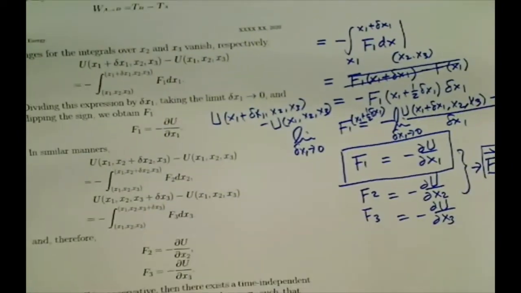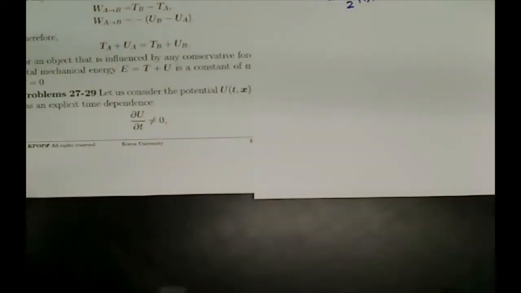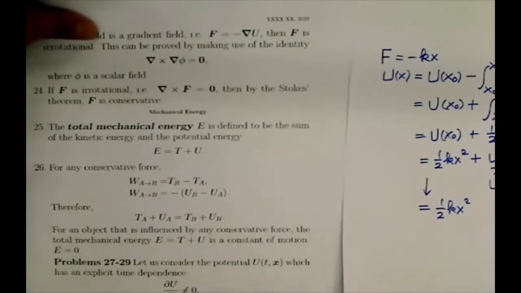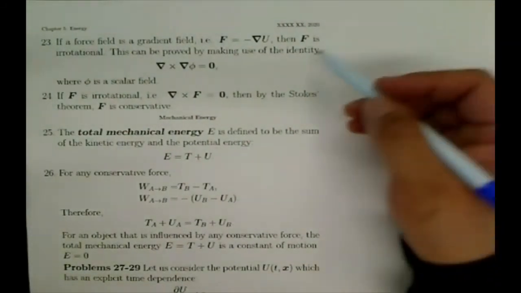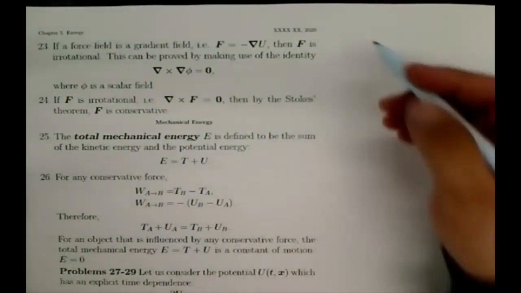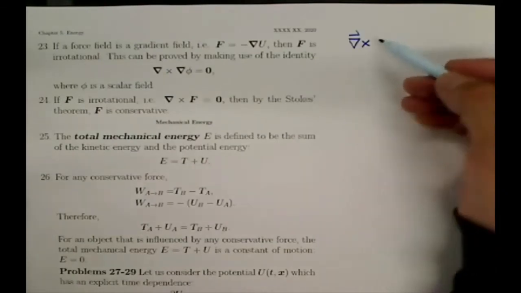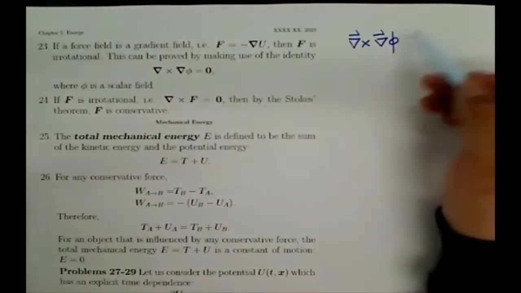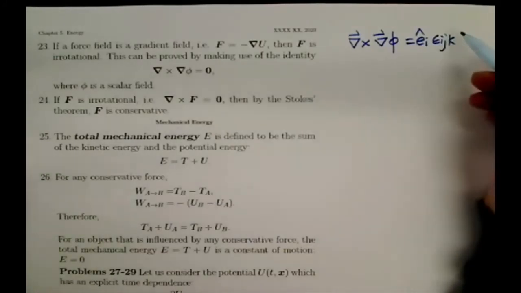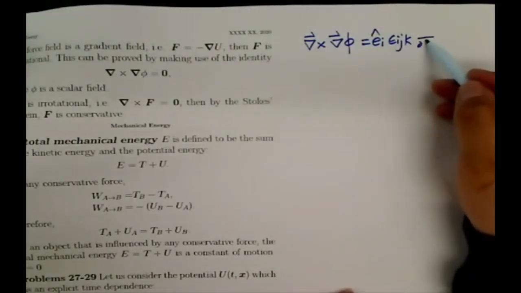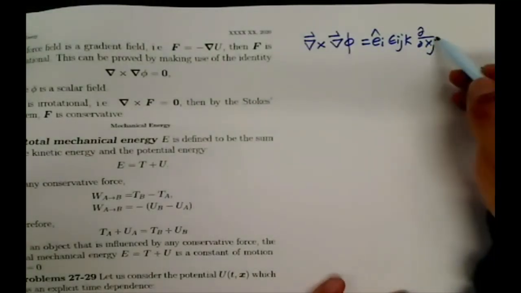Alright. Let us return to this problem. The curl of the gradient of phi equals e_i hat epsilon ijk, derivative j and derivative k of phi.